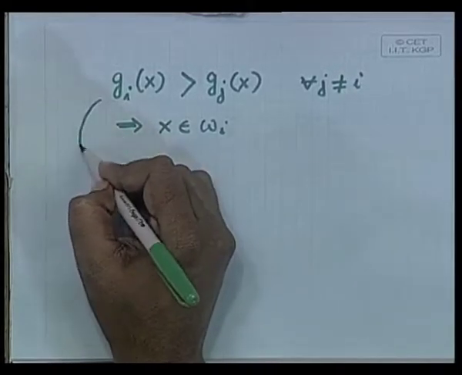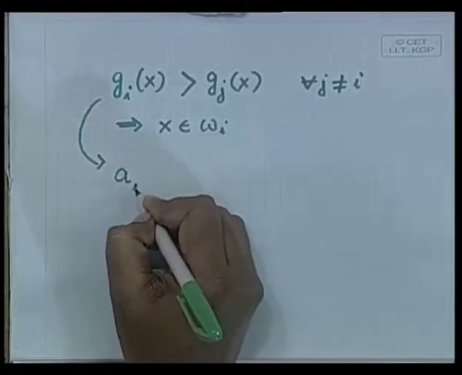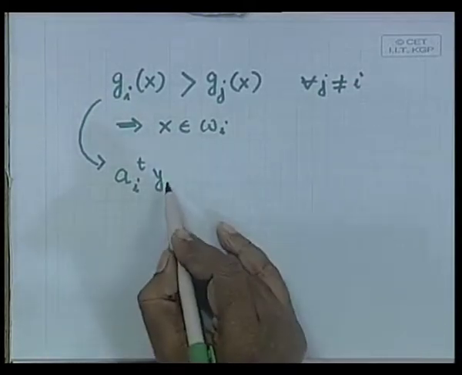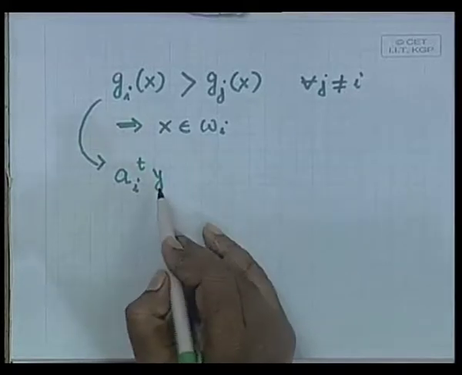Or in other words, if I expand this, it simply becomes A I transpose y, where this y is the augmented vector x obtained by adding 1 to it.